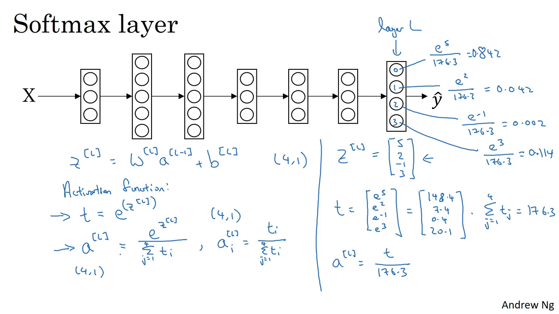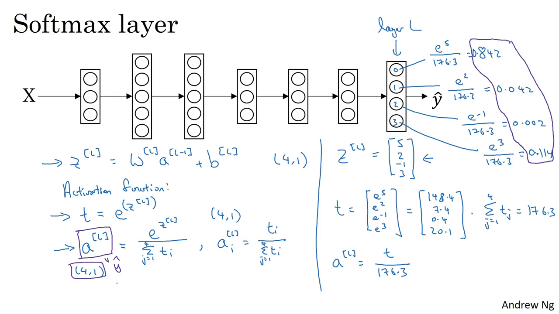So the output of the neural network, aL, this is also y hat. This is a 4x1 vector, where the elements of this 4x1 vector are going to be these four numbers that we just computed. So this algorithm takes the vector zL and maps it to four probabilities that sum to 1.